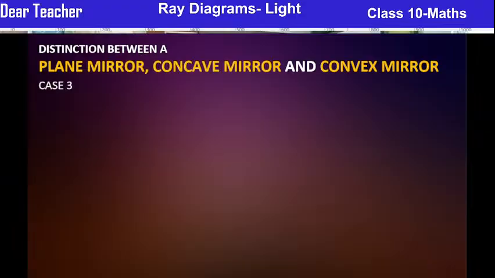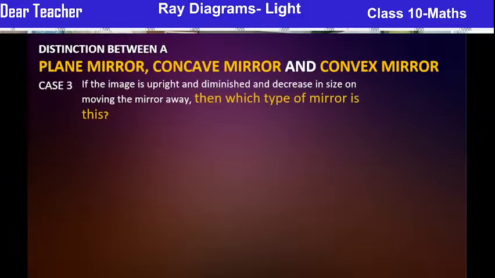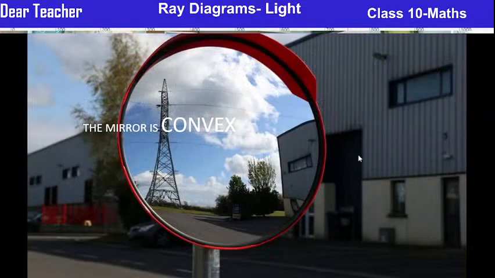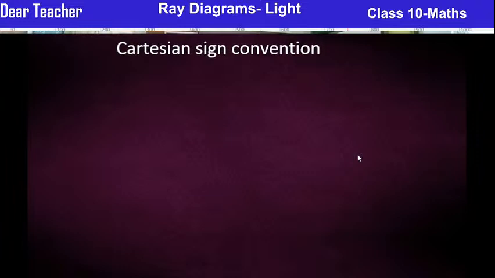Concave mirror. Case 3: the image is upright, diminished, and decreases in size on moving the mirror away. Then which type of mirror is this? The mirror is convex.